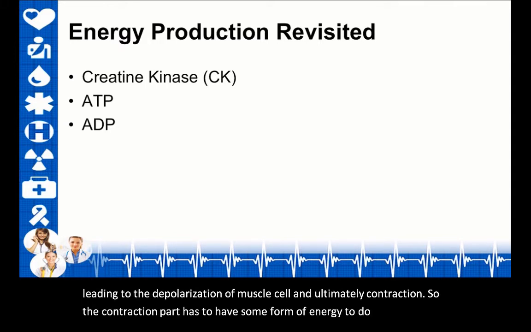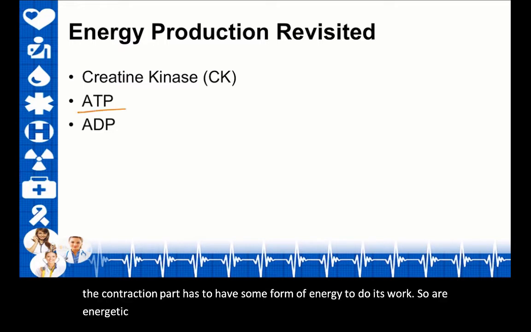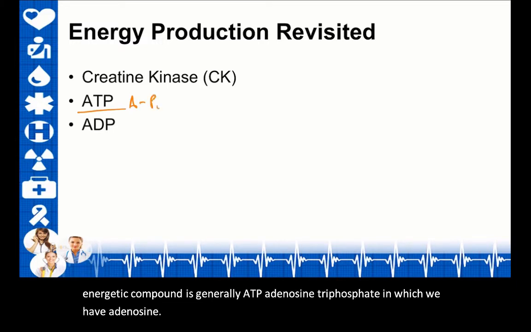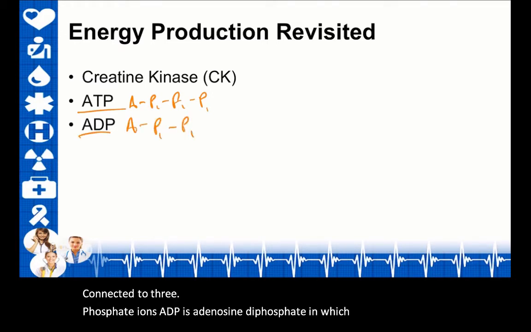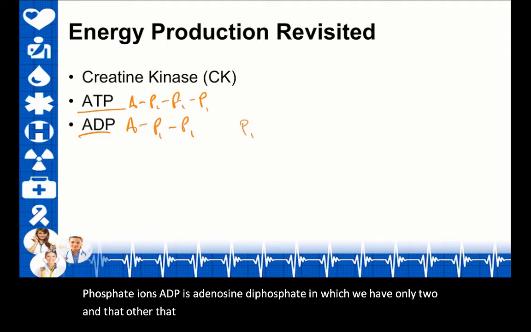So our energetic compound is generally ATP, adenosine triphosphate, in which we have adenosine connected to 3 phosphate ions. ADP is adenosine diphosphate, in which we have only 2, and that third phosphate ion is detached. And we could certainly also have AMP.